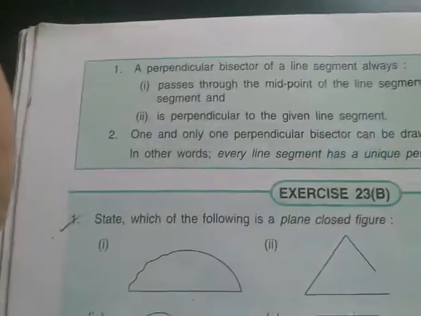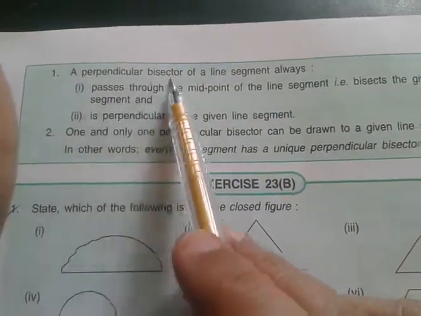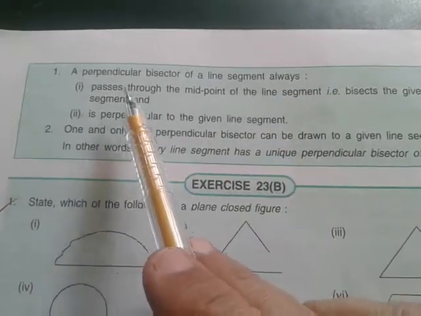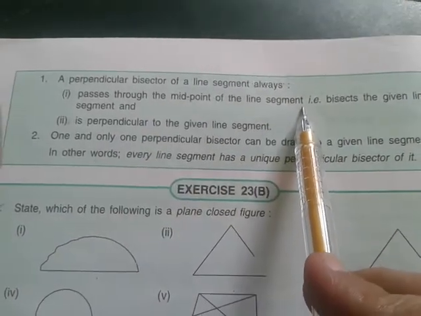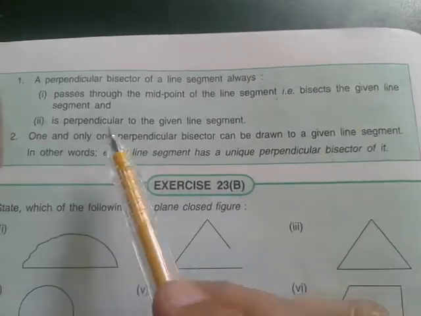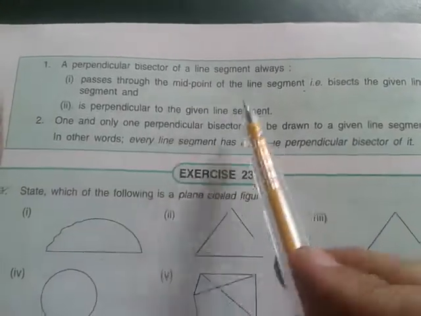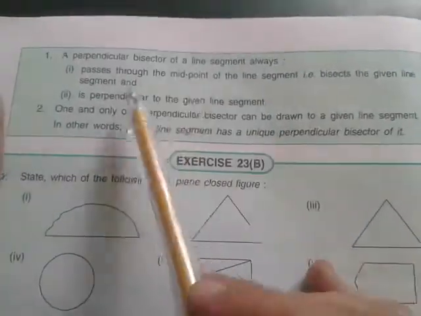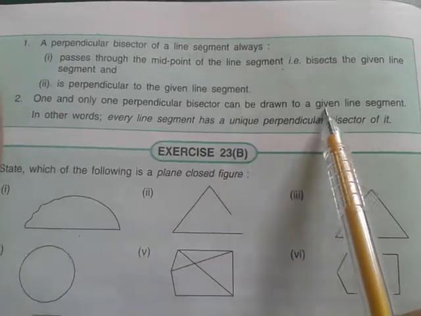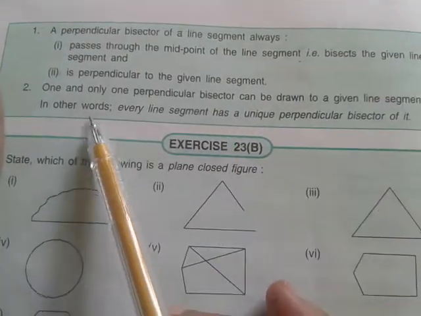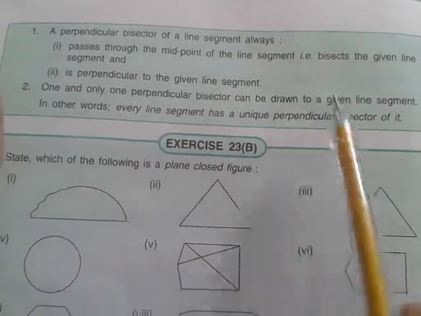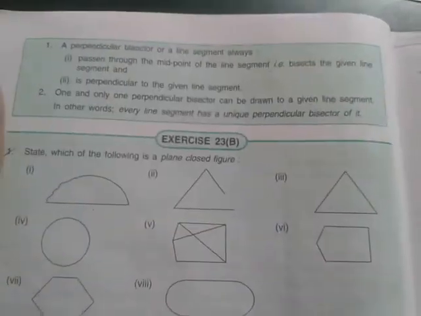So a perpendicular bisector of a line segment always passes through the midpoint of the line segment, bisects the given line segment, and is perpendicular to the given line segment. One and only one perpendicular bisector can be drawn to a given line segment. In other words, every line segment has a unique perpendicular bisector.